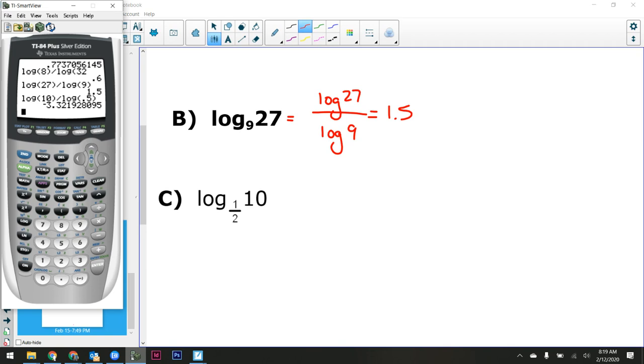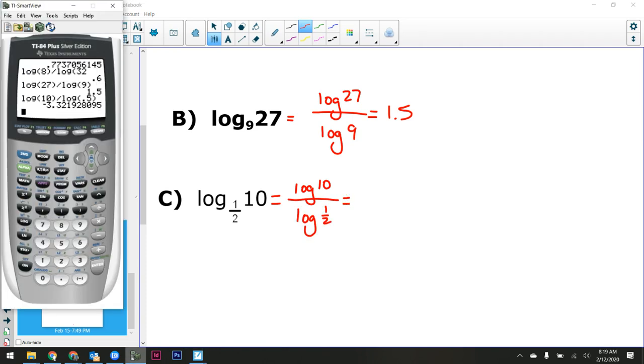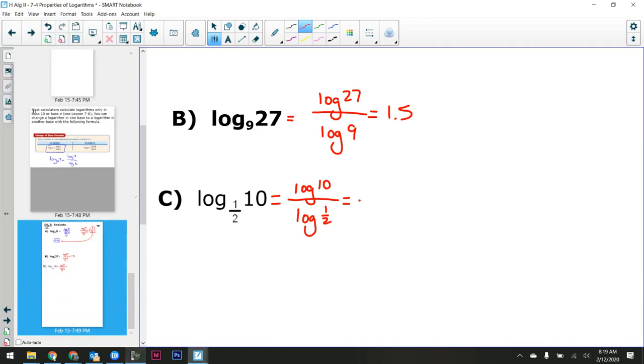And we get, woo, that's a funky one. A negative? See the excitement. Why is it negative? Oh, because it's a fraction. So this would be log of 10 divided by log of 1/2. That gives me -3.32.